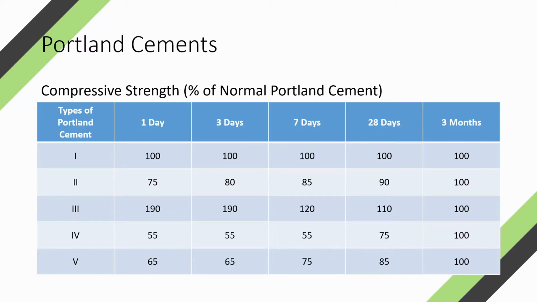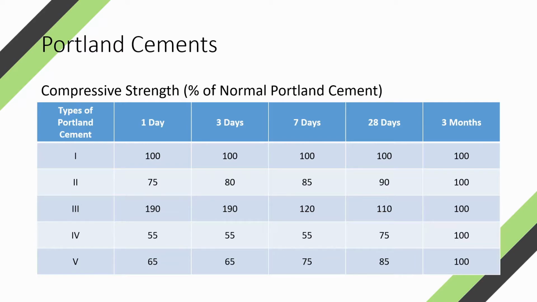Type 3, it is used when structure must be put to service as quickly as possible. So, kapag kailangan magamit agad yung structure natin, gumagamit tayo ng high early strength na cement. So, type 3. So, type 4, it is intended for mass structures such as large gravity dams where the temperature rise on continuous pour is great.